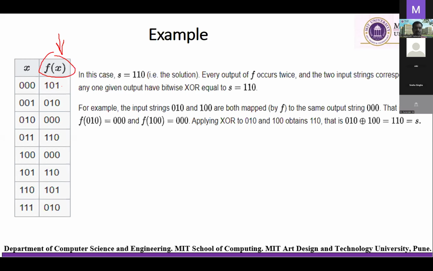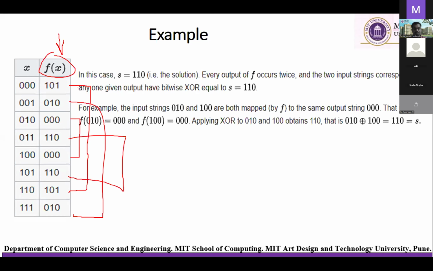If you observe here, some values like 101 appear here and also here. Here 110, 010 and here 010. Here 000 and here also 000, and here 110 and here also 110.